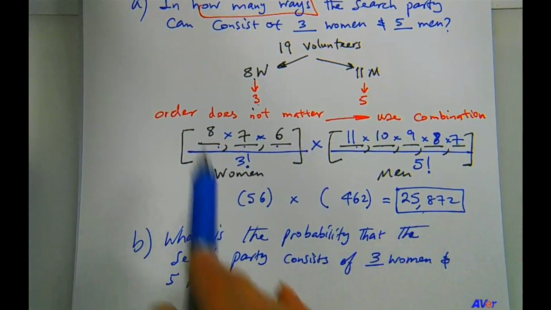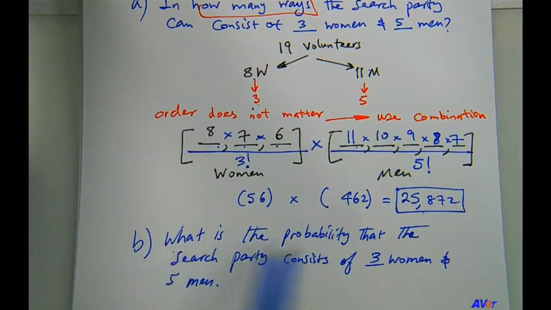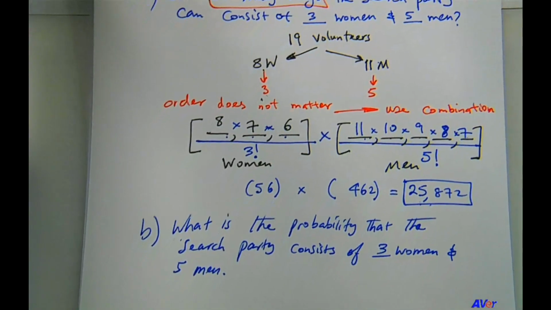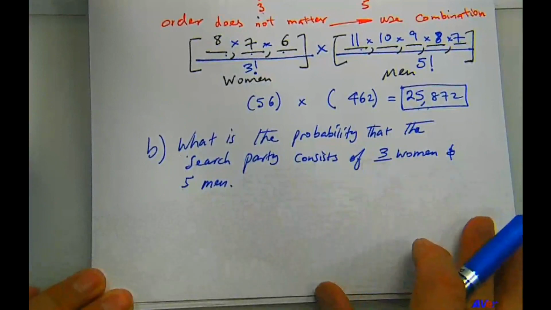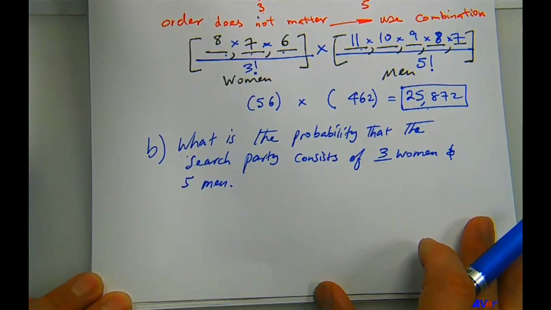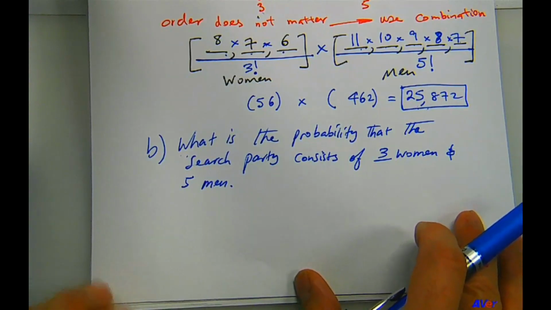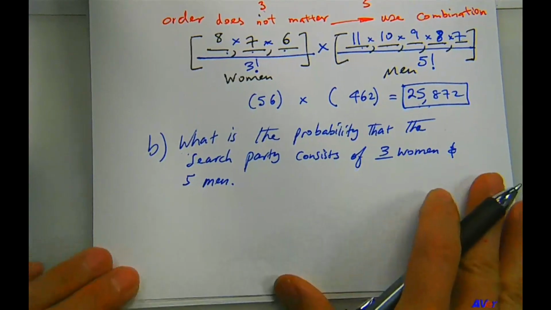If we went directly to this question, you'd have to figure this out, because this is the number of possible ways of a desired outcome, which has 3 women and 5 men from this group of volunteers. And then we could calculate the probability by figuring out the total possible ways that these 8 people can be picked.